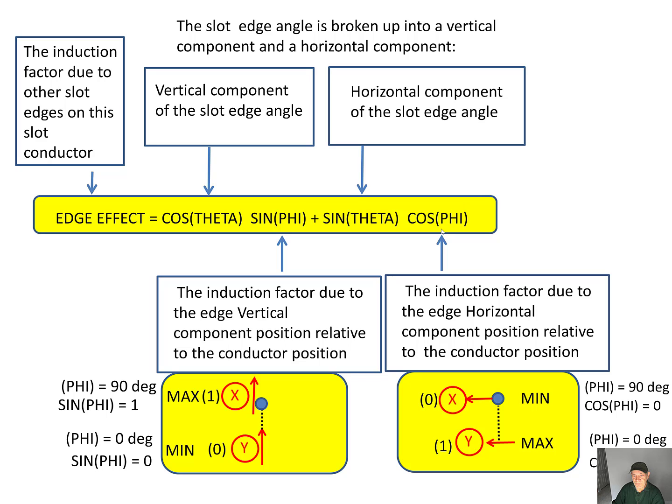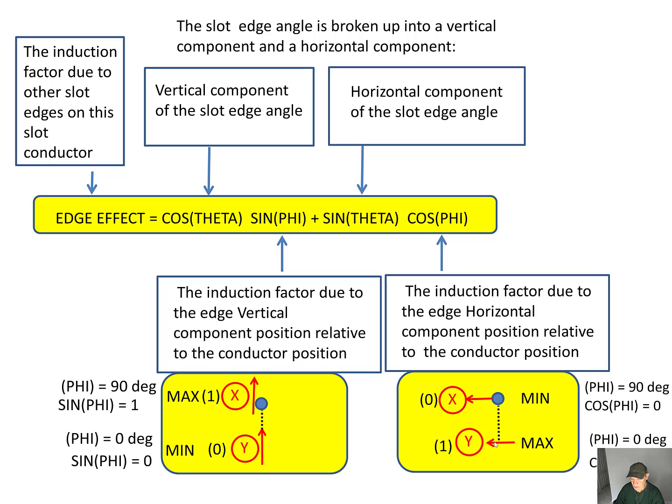Now for the horizontal component, we use cos phi, the induction factor due to the edge horizontal component position relative to the conductor position. In here, phi is at 90 degrees and cos phi is 0, because a horizontal component has no induction on a conductor because it's not vertical.